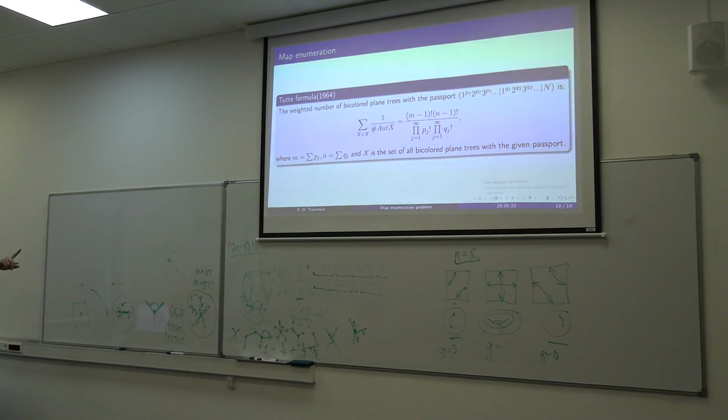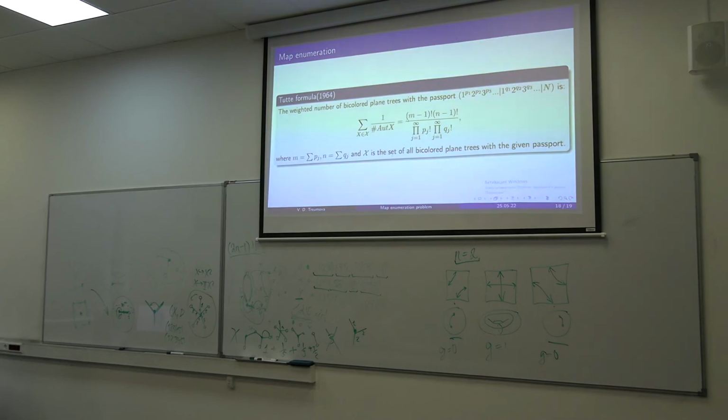The first is for black. P2 vertices of degree 2, and so on. For white vertices, Q1 vertices of degree 1, Q2 vertices of degree 2, and so on. And we see that this map has only one face, that is of degree n.